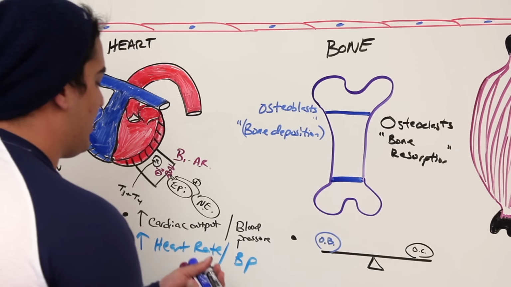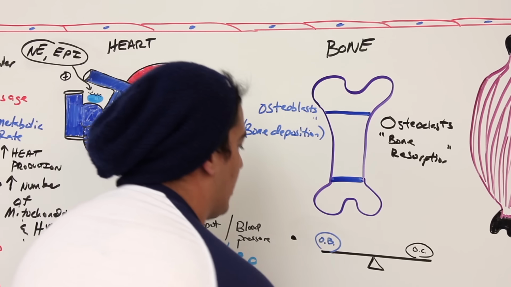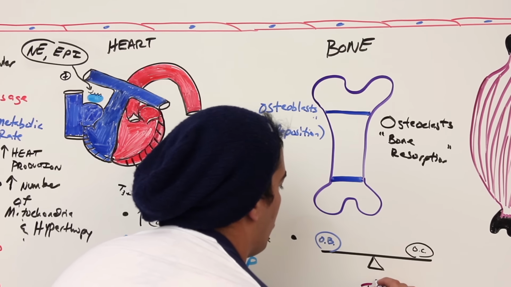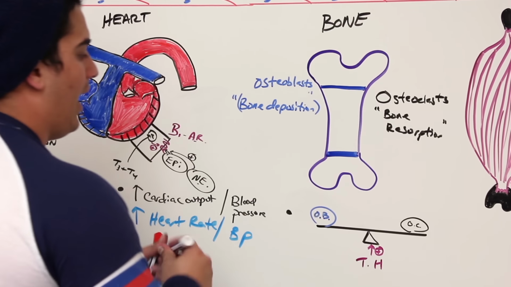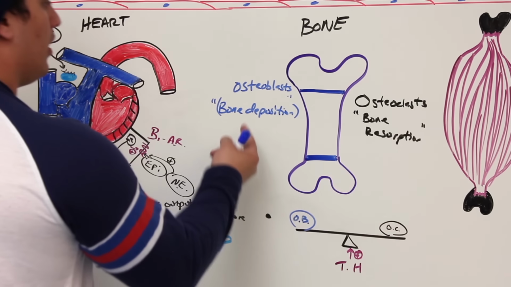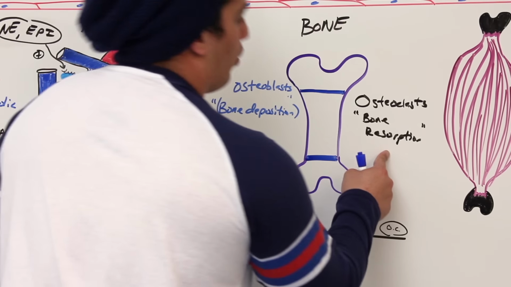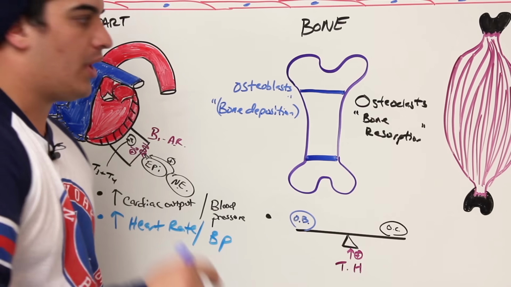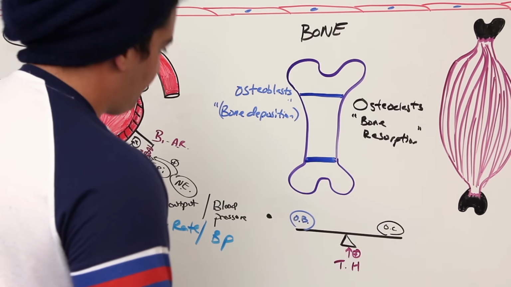Thyroid hormone is keeping these guys in an appropriate balance so that there's not excessive osteoblastic activity or excessive osteoclastic activity.